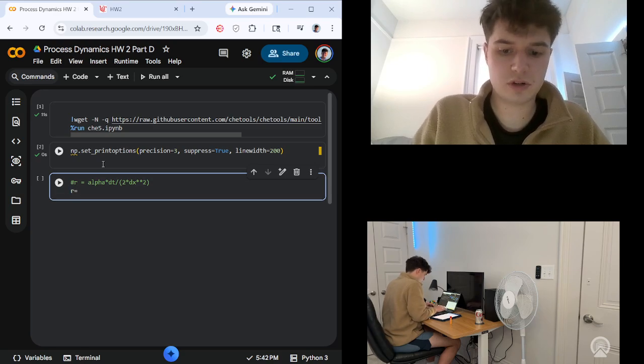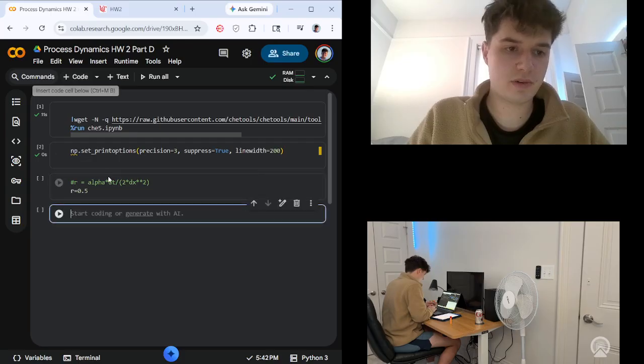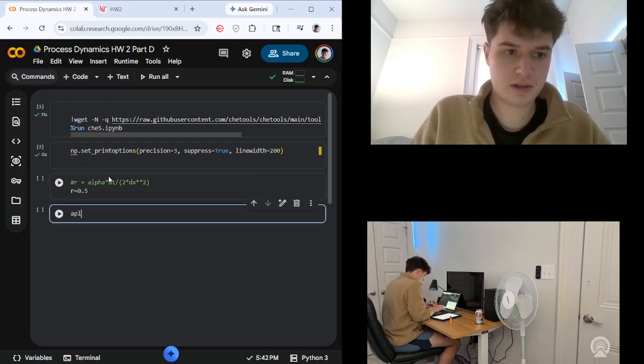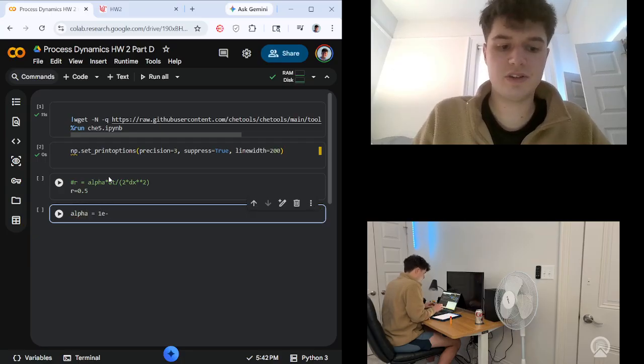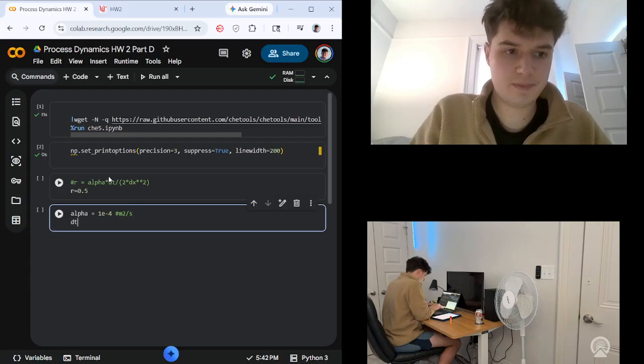R will be set equal to 0.5 like we did last time, but this doesn't matter nearly as much. Then we set some of our variables, where alpha is equal to 1. Again, all these are from the specifications given in the problem statement. No explanation needed.